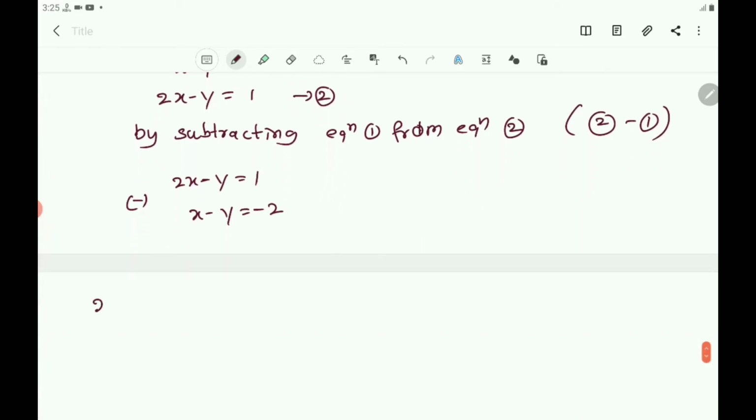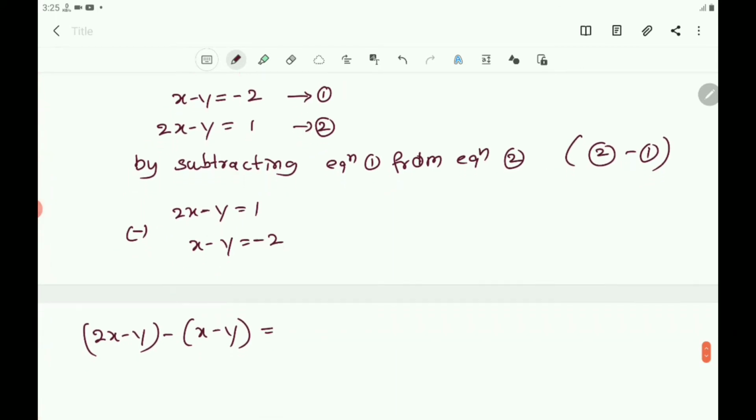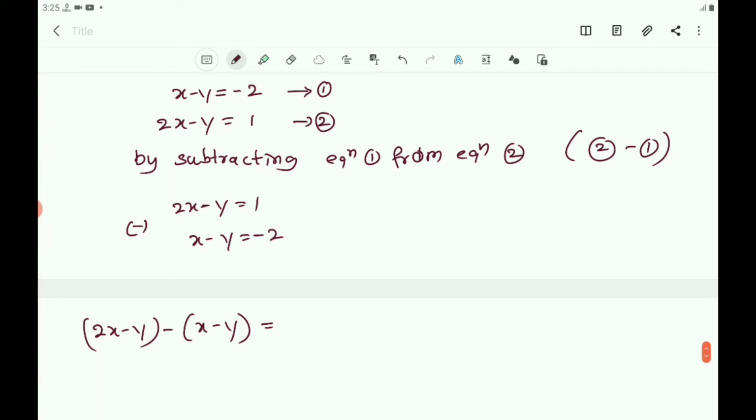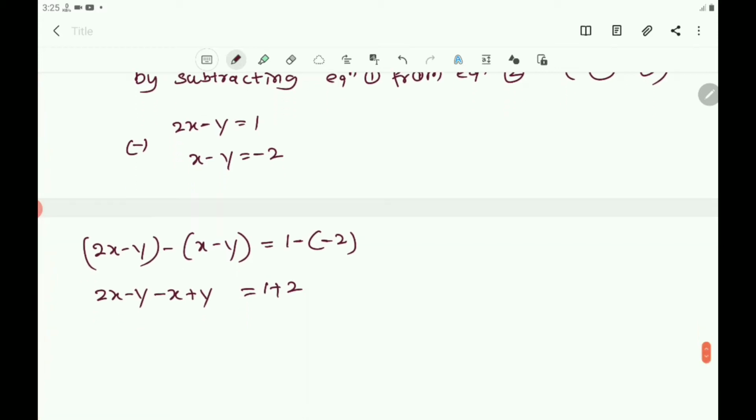Now you take, that is 2x minus y minus x minus y, second equation minus first equation is equal to, here you have taken equation 1 subtracted from second, so that becomes 2x minus y, open the bracket, minus x plus y is equal to 1 minus of minus 2 is 1 plus 2.